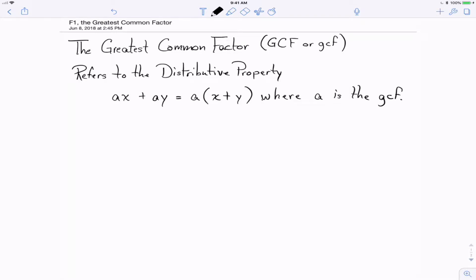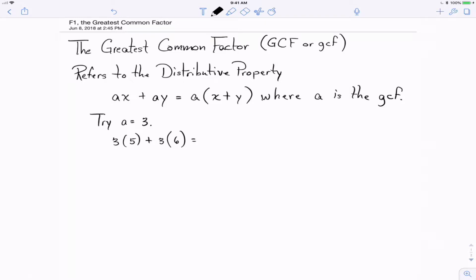Now, let's just make sure this really works. For example, let's try A is 3. So what if we did 3 times X, let's say 5, plus, since A is 3, another 3 times Y, and let's make Y a 6, something different.